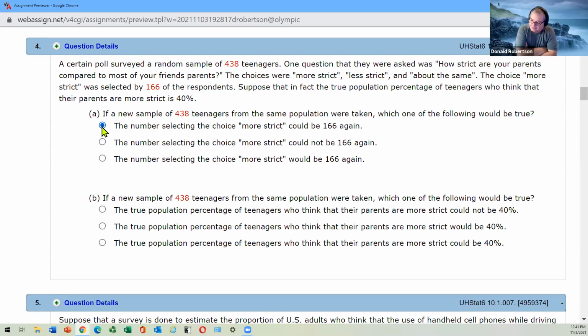When you do a sample of 438, isn't there a variation in the answers? Isn't each time going to be a little bit different than the next? Right. So it could not be 166 again. Isn't there a small chance that it might actually be exactly 166 again? Right.